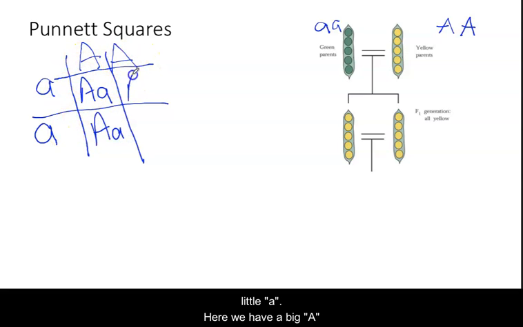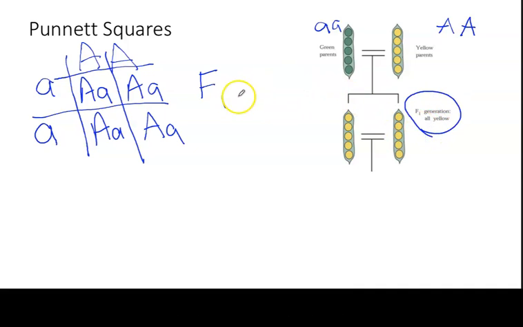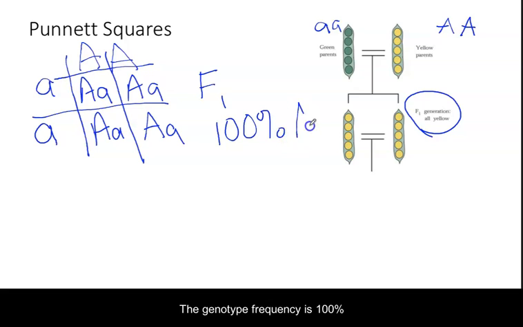Here we have a big A and a little a, and again a big A and a little a. And we know that this is the F1 generation, and they are all yellow. So the genotype frequency is 100% big A, little a.